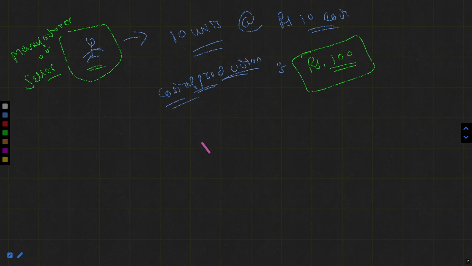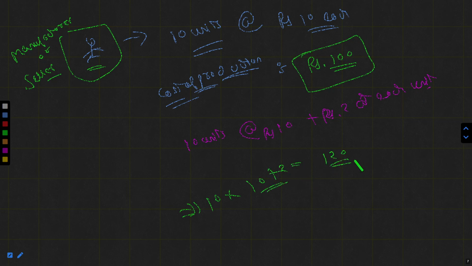So we can say 10 units at rupees 10 each plus rupees 2 on each unit. It means that the 10 units are now being priced at rupees 12 each.